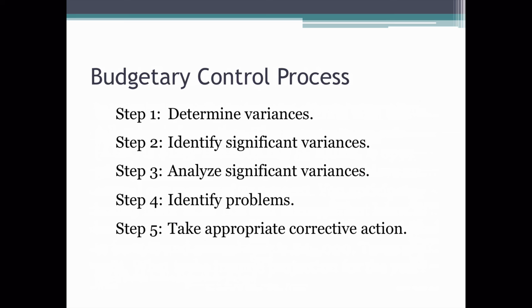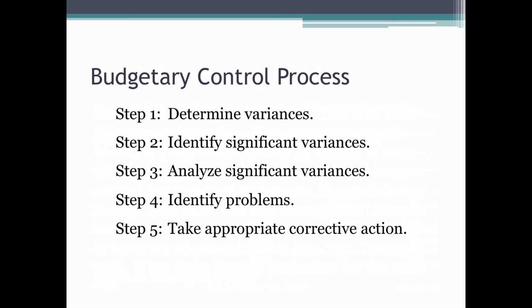Examples of that, let's say that we had a budget food cost of 32% and it came in at 36%. We'd find out where that 4% went, and we could do everything from separate our food costs into different proteins and such, and find those variances and find the problems, and then we go ahead and take appropriate corrective action.